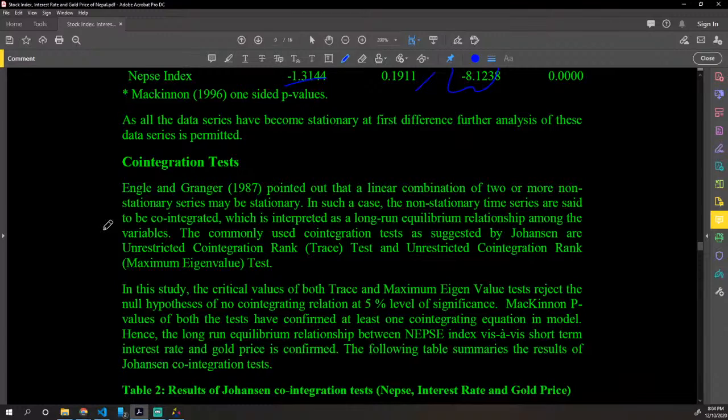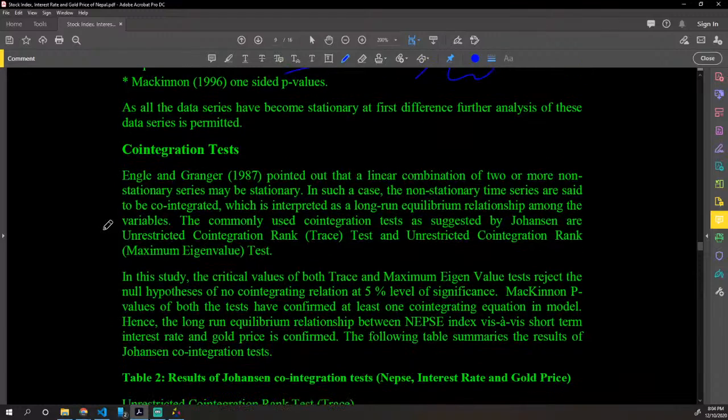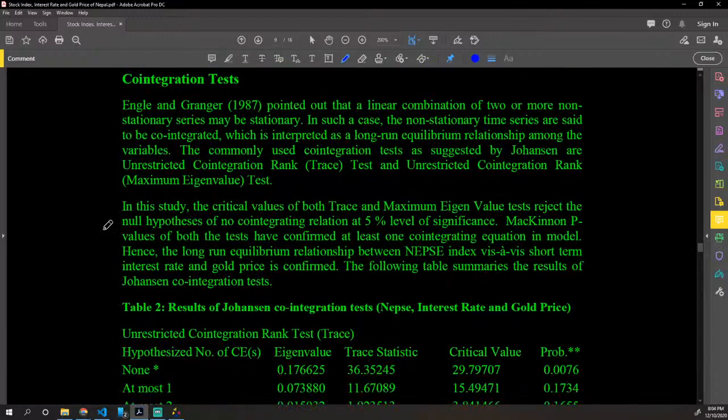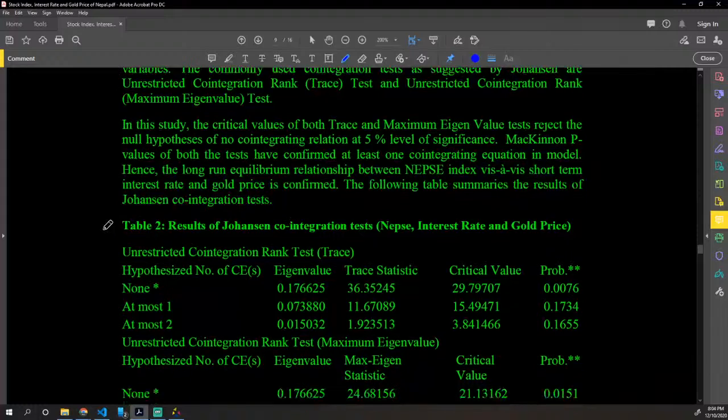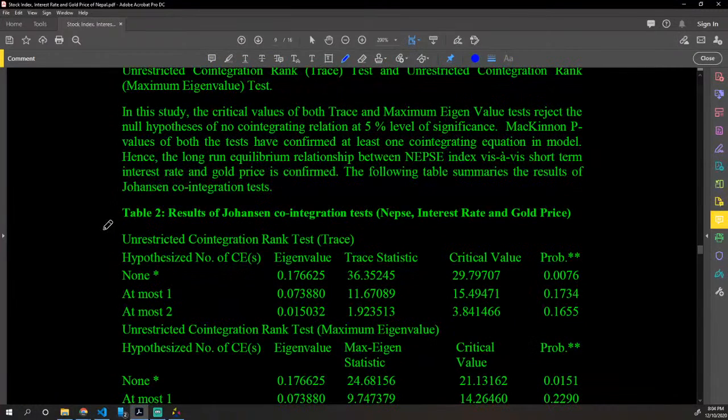The commonly used co-integration tests, as suggested by Johansen, are the unrestricted co-integration rank test and the unrestricted co-integration rank maximum eigenvalue test. In the study, the critical values of both trace and maximum eigenvalue tests reject the null hypothesis of no co-integrating relation at 5% level of significance.